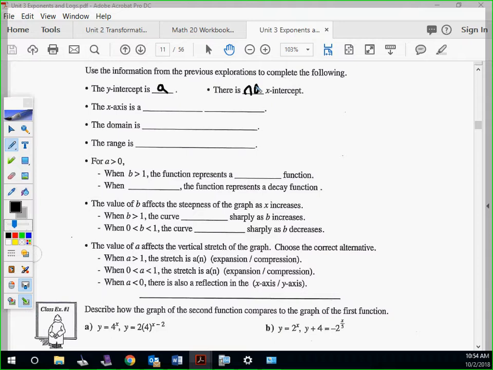The x-axis is a horizontal asymptote. The domain is x in the real numbers, range is greater than 0.